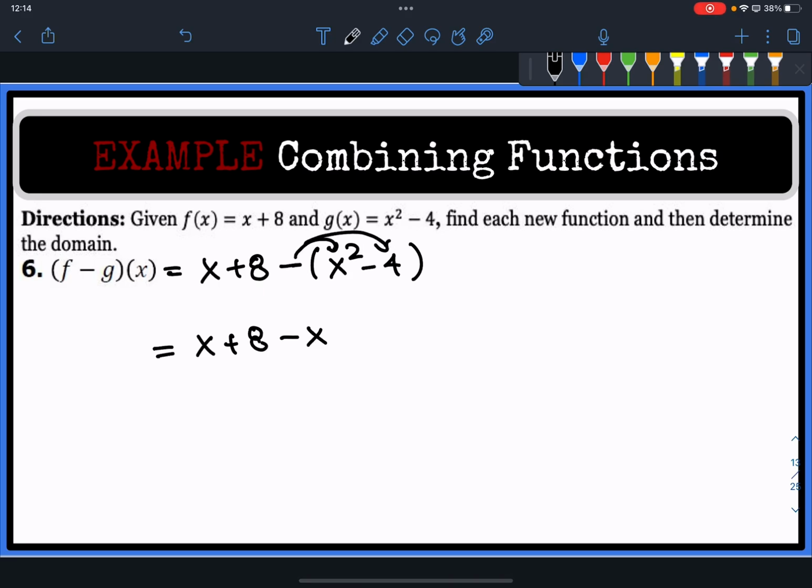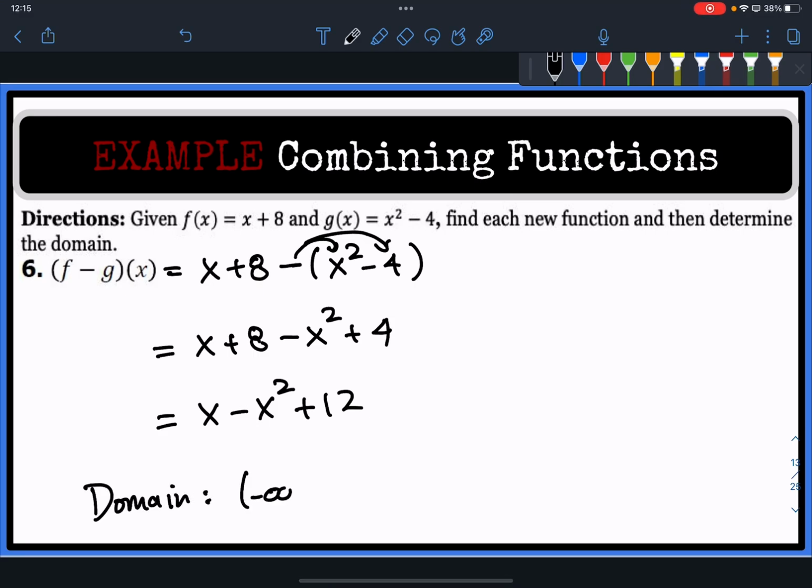That's a negative x squared and a positive 4. We end up with x minus x squared, then plus 12. Or any combination, any order of this. 12 minus x squared plus x, negative x squared plus x plus 12. Again, you get the idea. And again, because this one has no restrictions, the domain is all real numbers.